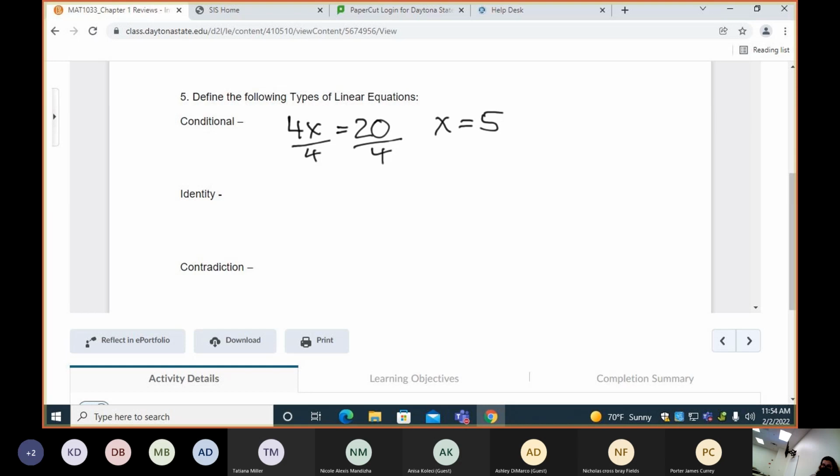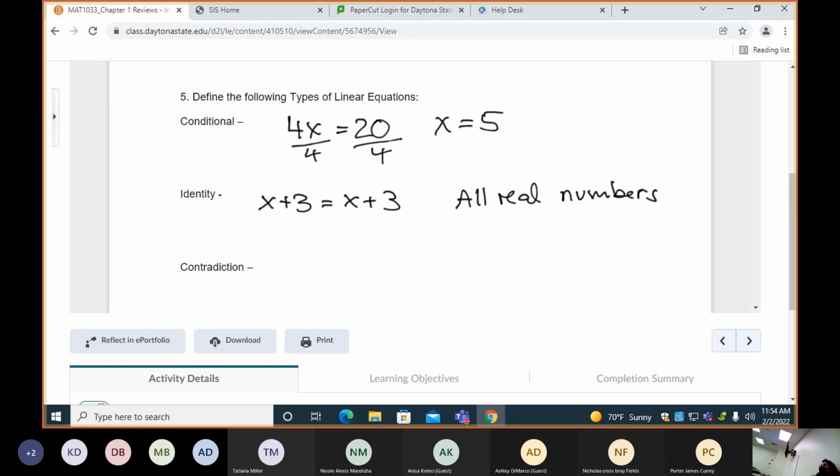No. Just like the word says, if we have an identity, x plus 3 has to be equal to x plus 3. Has to be exactly identical. That would be an identity, and when you have an identity, the solution is all real numbers. No matter what you plug in here, it will always hold true.